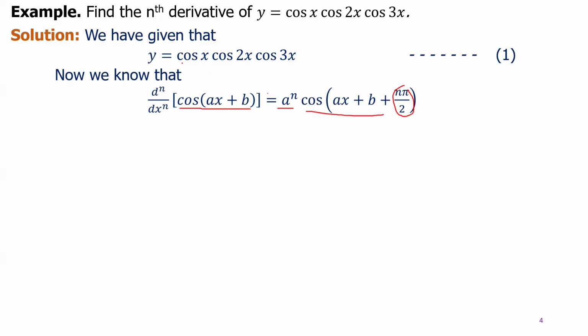But in the given example, there is cos x multiplied by cos 2x multiplied by cos 3x. So is it possible to convert this product of 3 cos functions into the form of addition or subtraction? If we are able to do that, then it is very simple to find the nth derivative of the given function. For that purpose, let us do some operations.